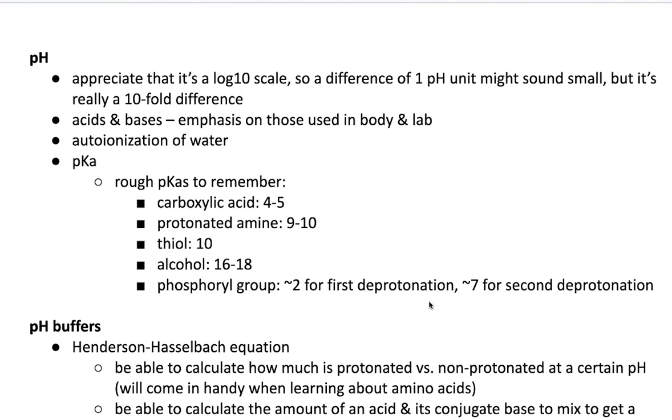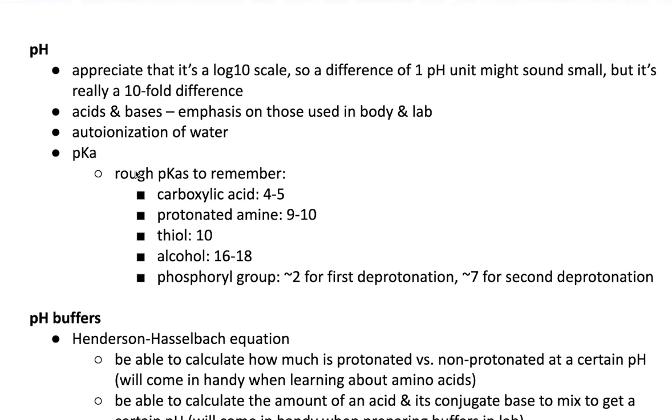And this comes into play when we're talking about acids and bases. When you're thinking about acids and bases, review what you learned in Gen Chem, but the emphasis in biochemistry is going to be on those used in the body and in the lab. You want to be familiar with the autoionization of water, as well as the idea of pKa, which tells you about the strengths of acids and bases.